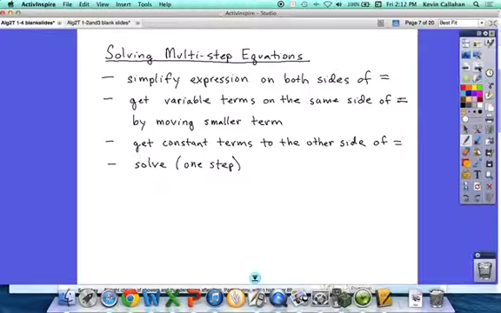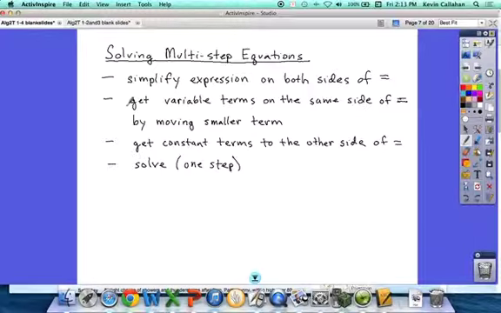Then start moving terms. So simplify each side, and then we expect that we will have some terms that have variables, some terms that don't. Do you remember what we call a term that doesn't have a variable? A constant, right? So we're going to have to deal with variable terms and constant terms. Generally, we deal with the variable terms first.